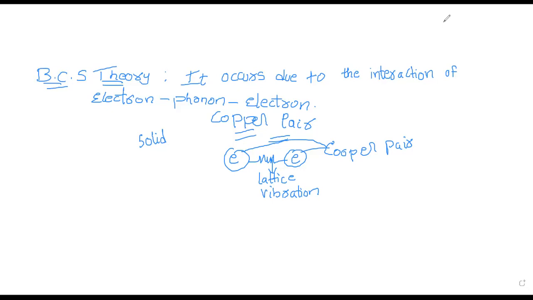Now with this we move forward to the next topic, that is, high temperature superconductors. If you remember, just now we discussed low temperature superconductivity. Now they have given us the concept of high temperature. For low temperature superconductivity, you require a very low temperature.